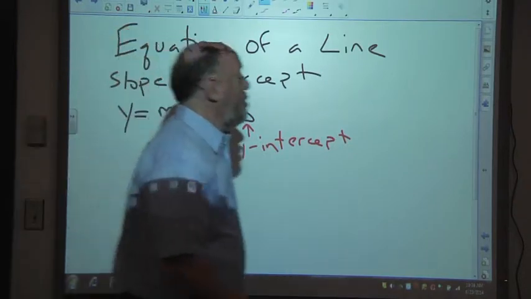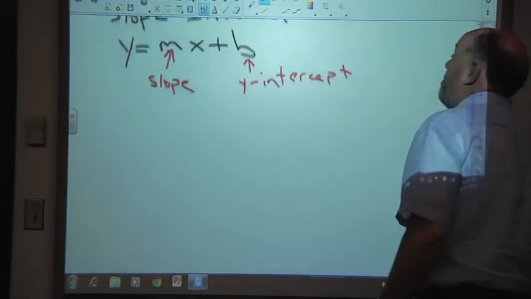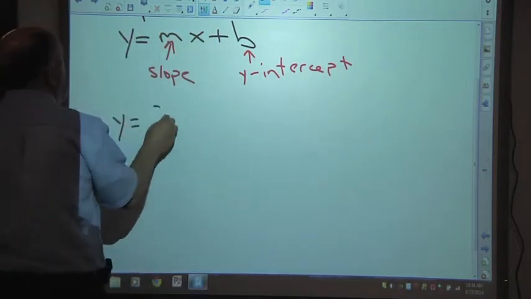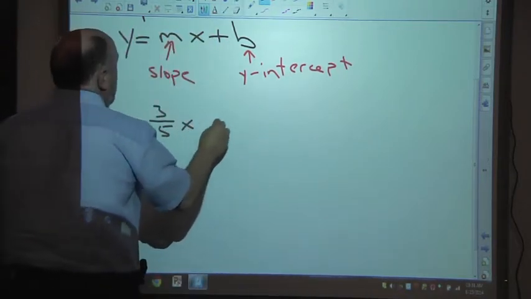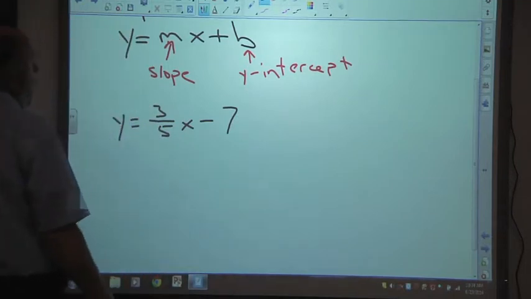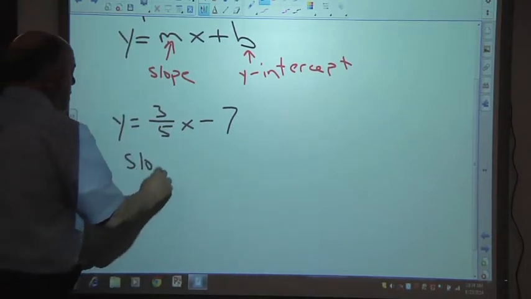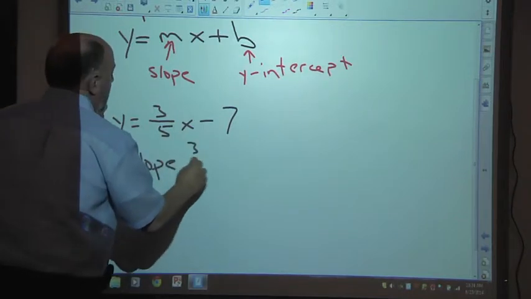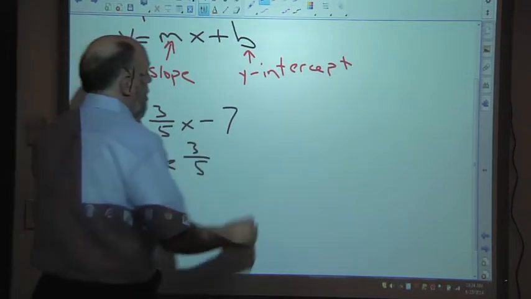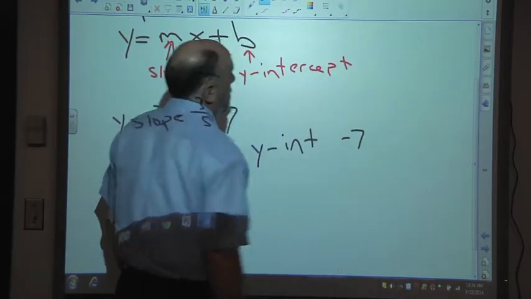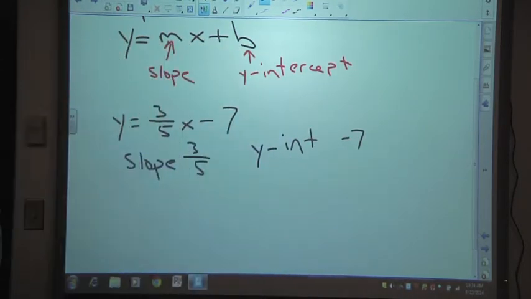For example, if you had an equation like y equals 3/5 x minus 7, then by looking at it, I know that the slope is 3/5 and the y-intercept is -7. I can read that directly off my equation.